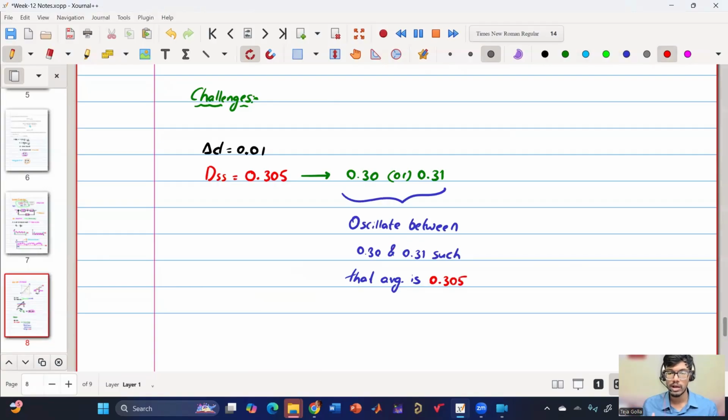If I have very high resolution, or very small delta D, then it will have fewer oscillations.